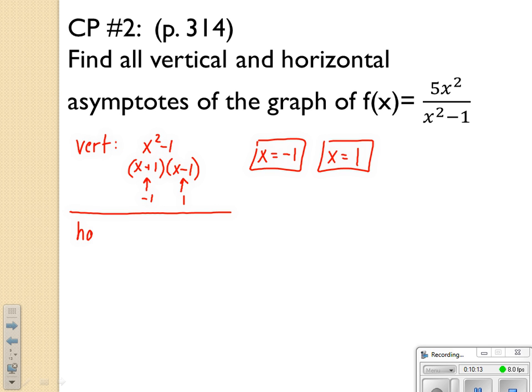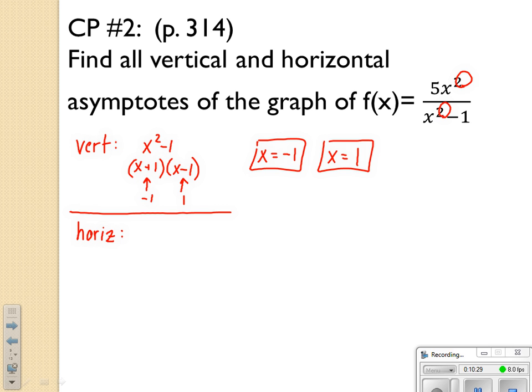Horizontal asymptote. Looking at my function, I have 5 times x squared on top, and the bottom one is an x squared power as well. Notice that my degrees match.